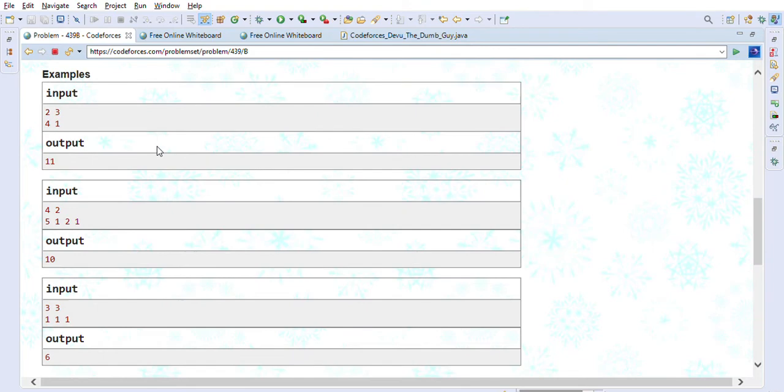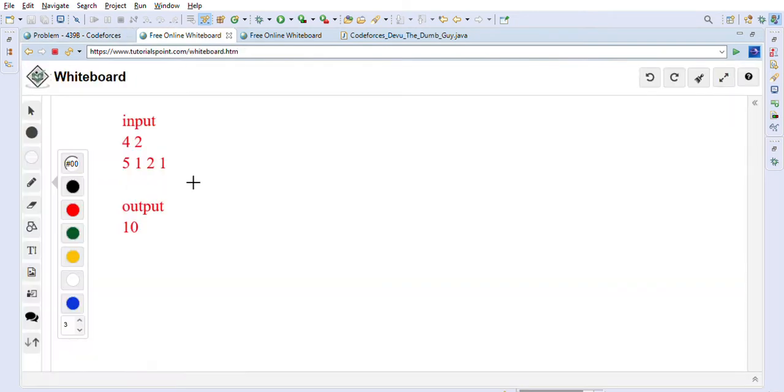So let's take one of these examples on a whiteboard and we will understand better the problem and the solution. This is the given input. So the initial learning curve is 2, and there are 4 different subjects.